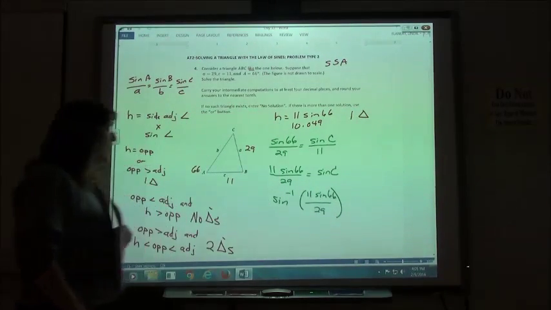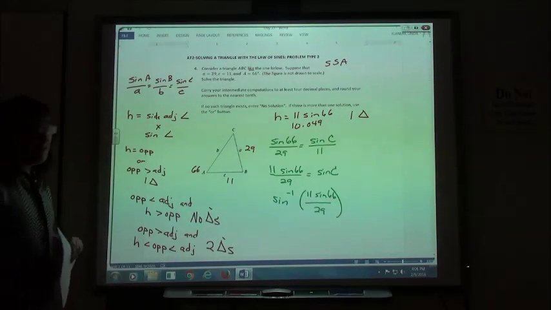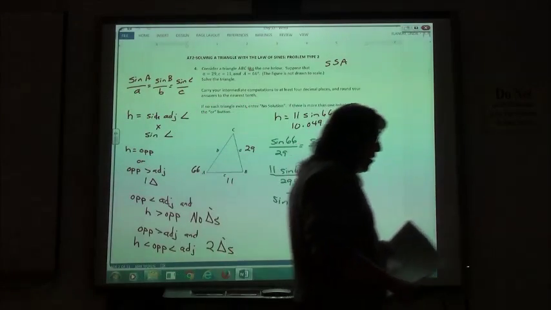You may or may not need the parentheses depending on your calculator. I like to put the parentheses there just in case because it doesn't hurt and I know it's going to work out better that way.